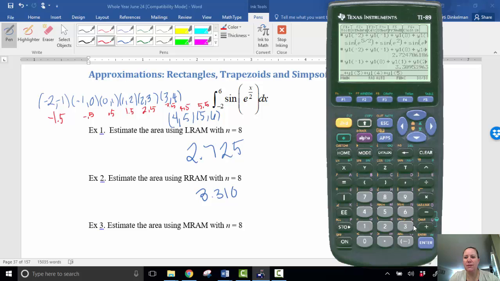Okay, so this 5 needs to become a 5.5, and then a 4.5, 3.5, 2.5, 1.5, 0.5, -1, hopefully 0.5. We'll double check that one.